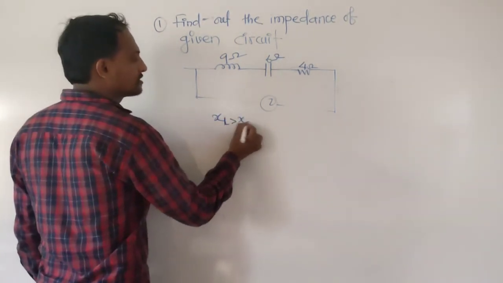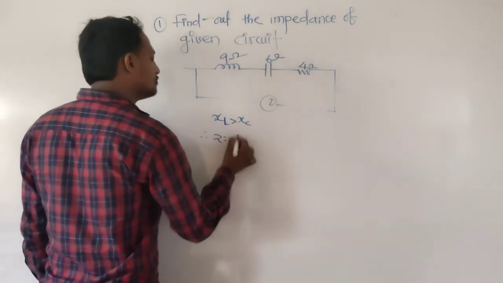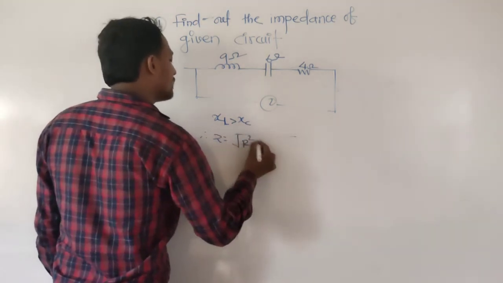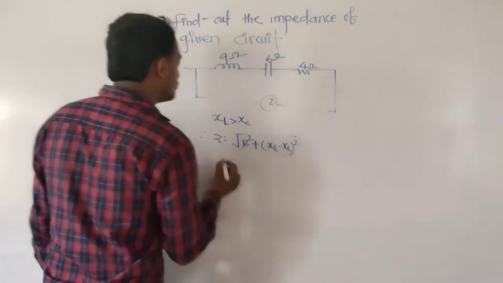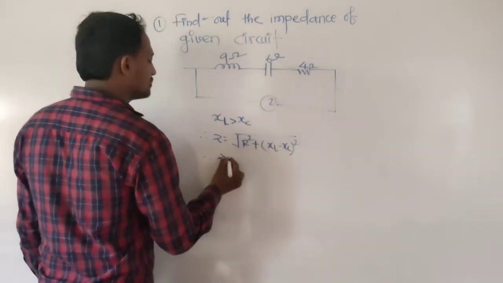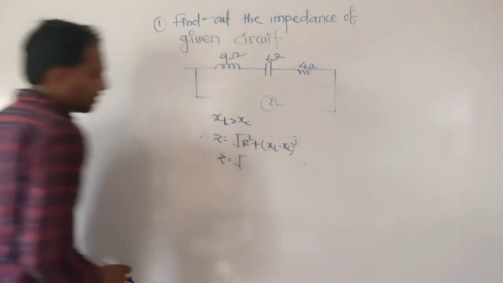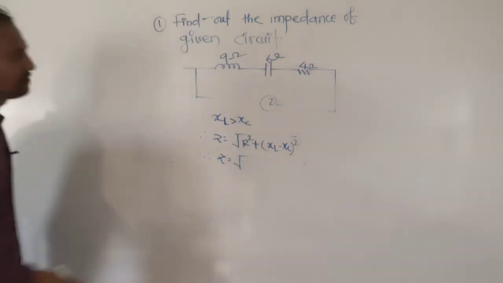We have the condition here, XL is greater than XC. So hence Z is equal to the root of R square plus (XL minus XC) whole square. We have to put in the values and square.